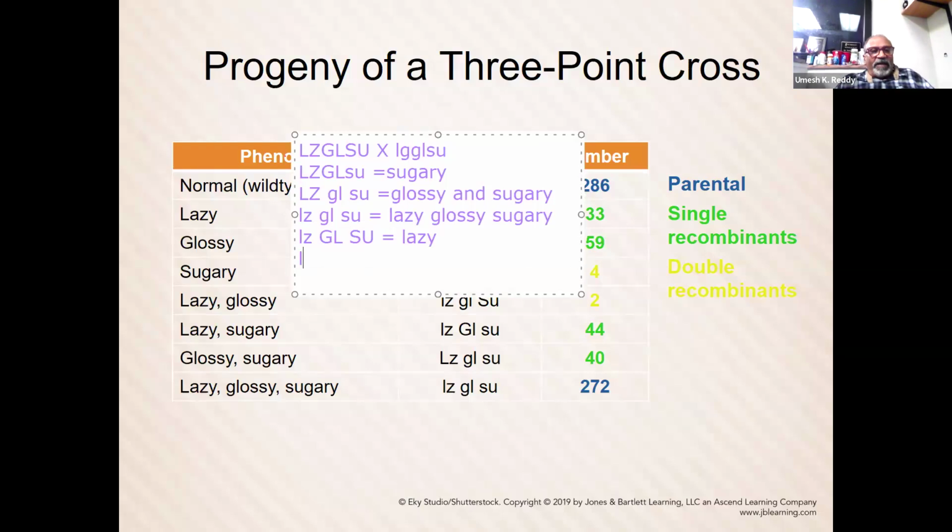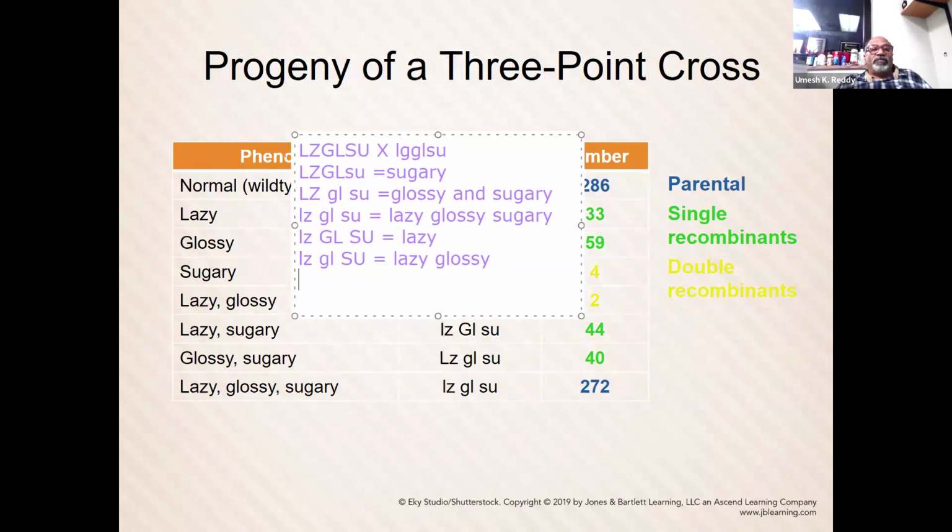And if there is any plant lazy, glassy, and sugary is normal, then what do we call this? We call this plant lazy, glassy. It's not sugary because sugary is normal. If there is any plant like this, it is simply glassy. Okay.